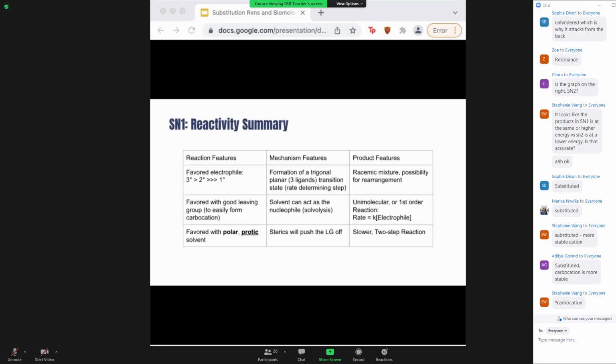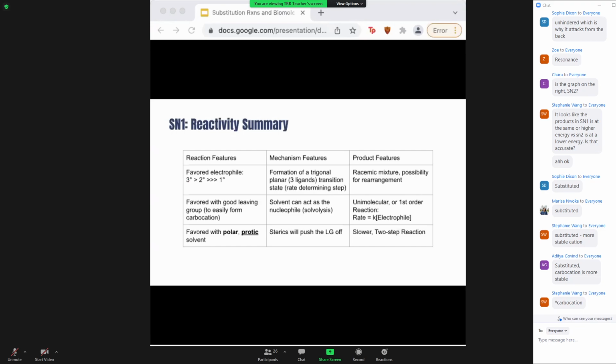So just to kind of summarize what we've gone over with SN1, the favored electrophiles are going to be the tertiary electrophiles and then the secondary, and then you pretty much do not want a primary electrophile. It's not going to happen. Just don't think about it. It won't happen with SN1.